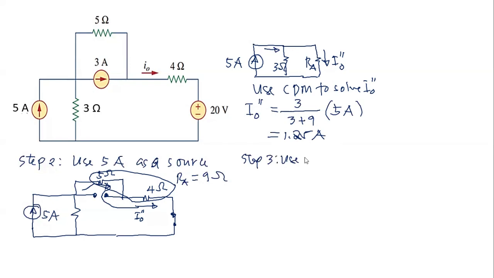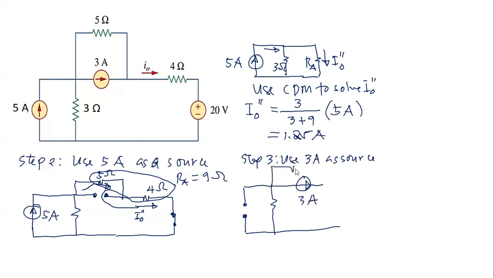Okay, then let's have step 3. Step 3, we're going to use one left source, which is 3 amperes as source. Okay, and then other sources will be set to 0. So we'll open the 5 ampere. Then we have here the 3 ohms and the 3 ampere source and its resistor across 3 amperes, which is 5 ohms.